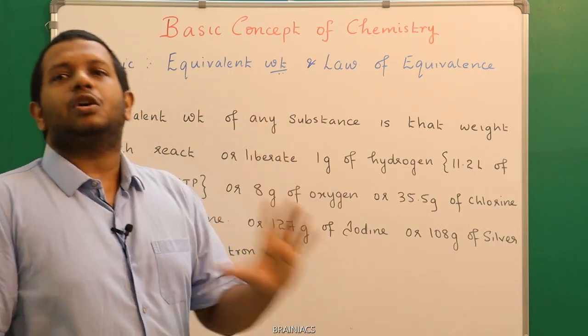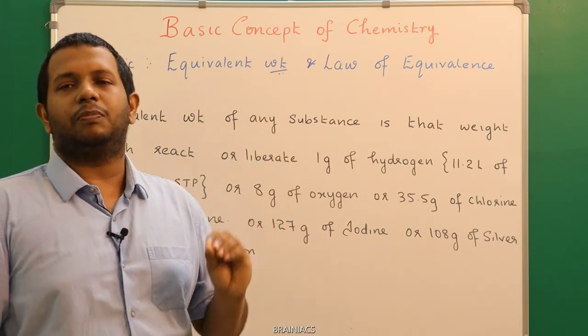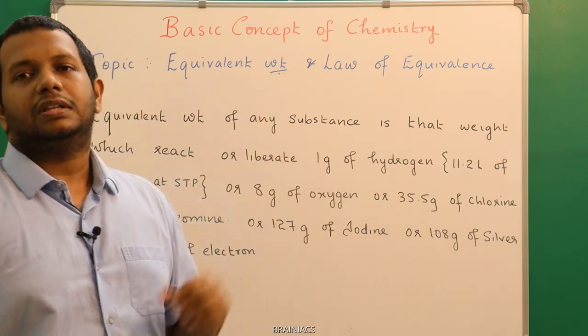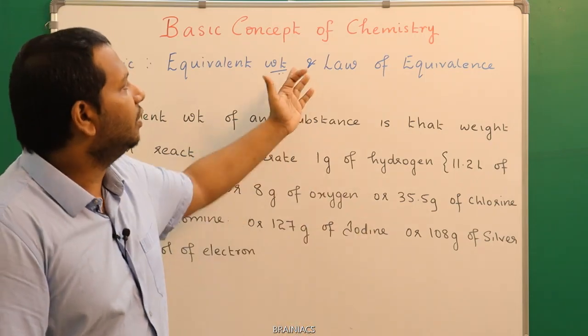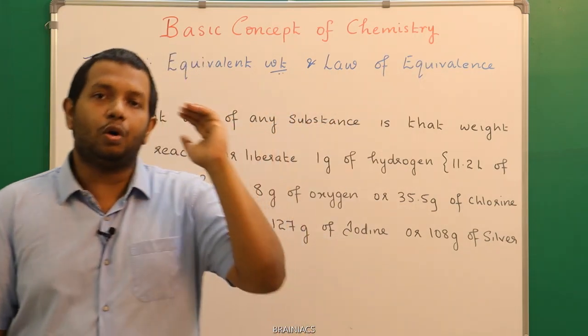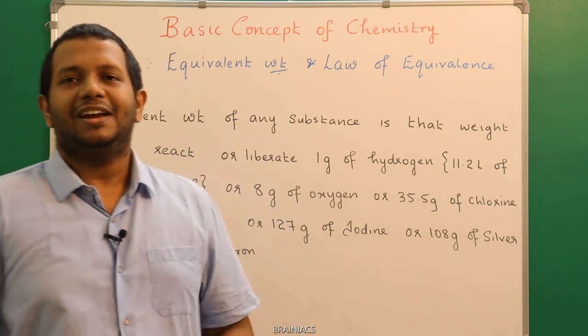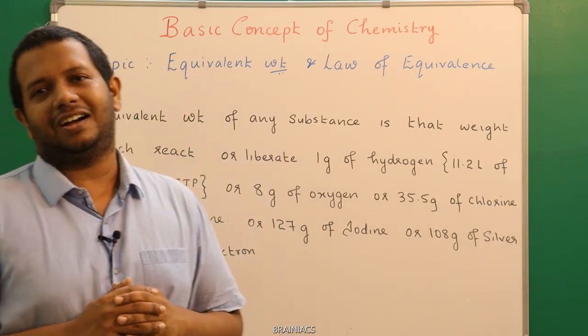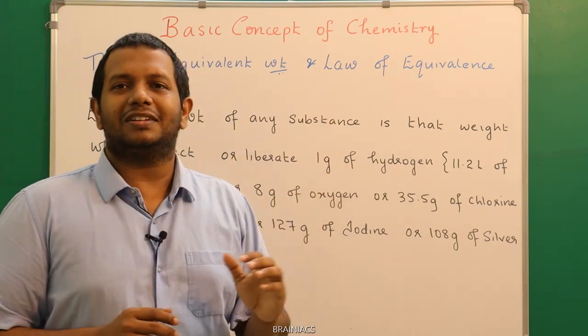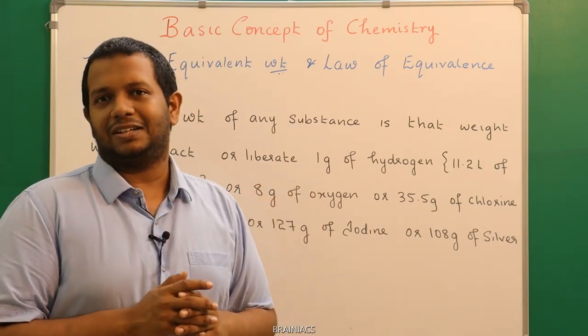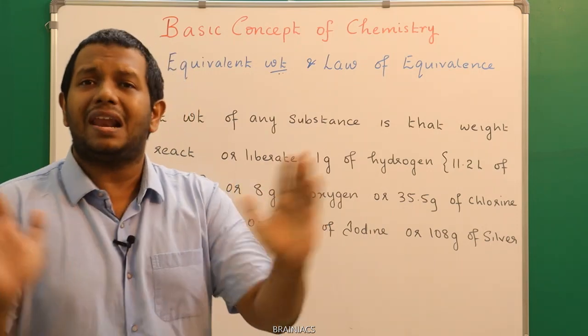So in that context, scientists have come up with a next concept. That concept is called the equivalence method, or the law of equivalence. This is one of the interesting laws for me, because this law states that you don't need to balance a chemical equation.